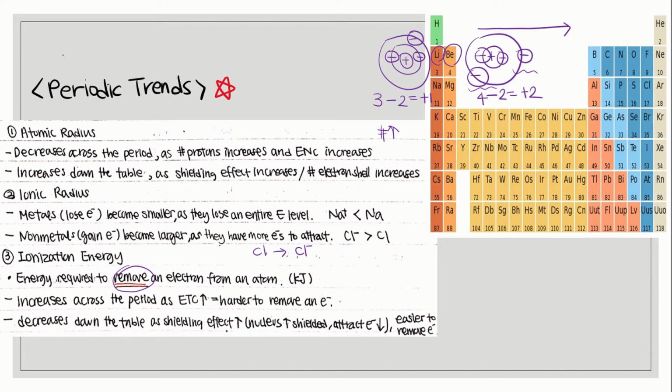It's because as you go down the periodic table, they will have more energy levels and the nucleus will become less effective at attracting the valence electrons. So because the shielding effect increases, valence electrons will be blocked from the nucleus, so it will be easier to remove a valence electron.